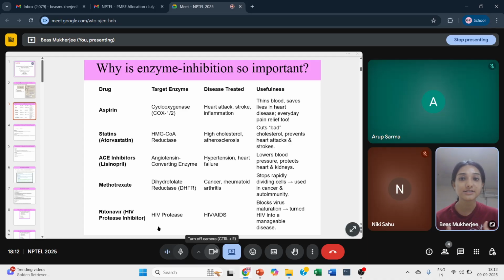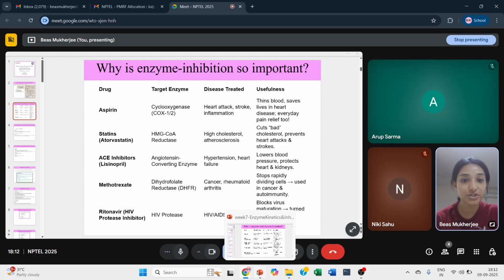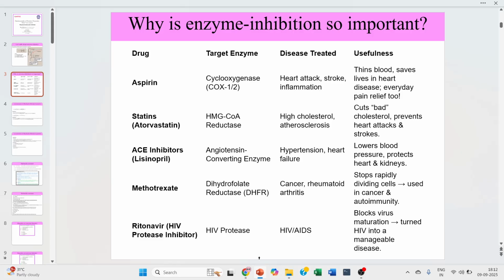So what is it doing? It is targeting this particular enzyme, and you can read about this in general. So there are drugs like aspirin, there is a drug like statin. So statin is helping with blood pressure control. Okay, and then there are ACE inhibitors. Everybody knows about this because of the coronavirus event recently, right? So all of these different drugs are there which target very common diseases.